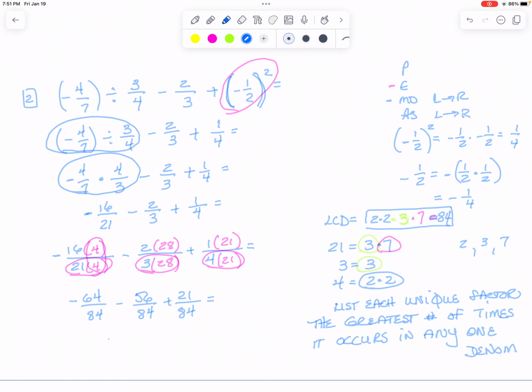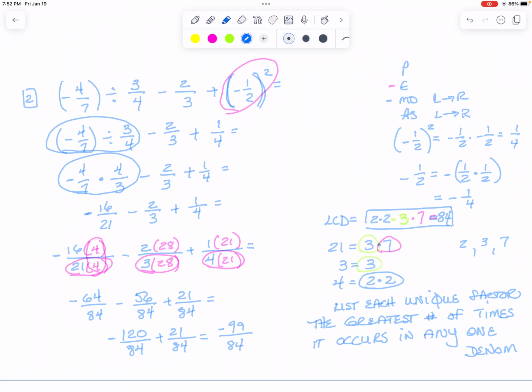So I'm going to get this negative 120 over 84, and add to that the positive 21, and that has me end up with negative 99 over 84.